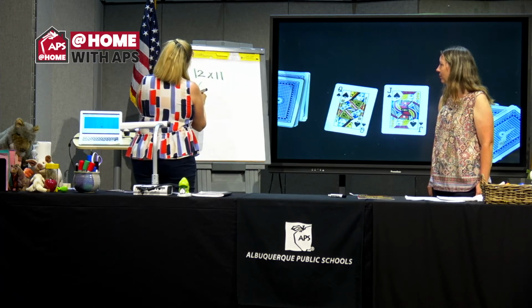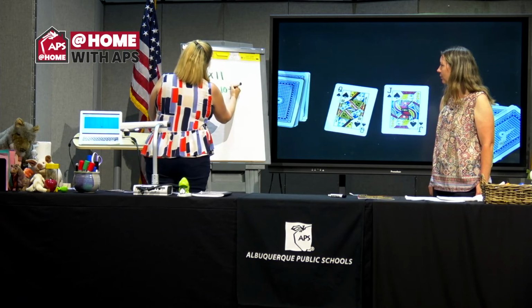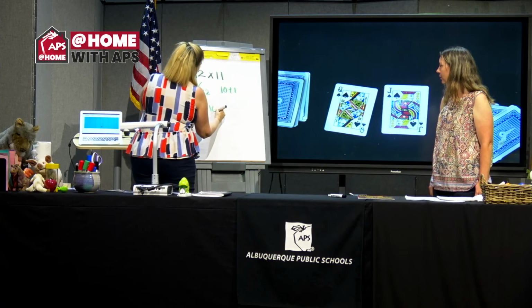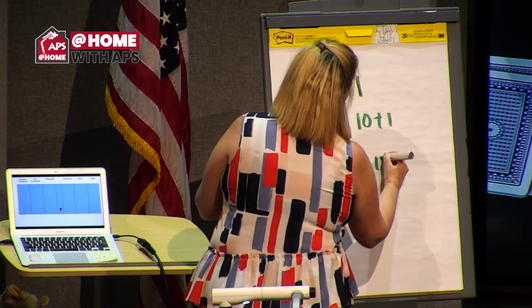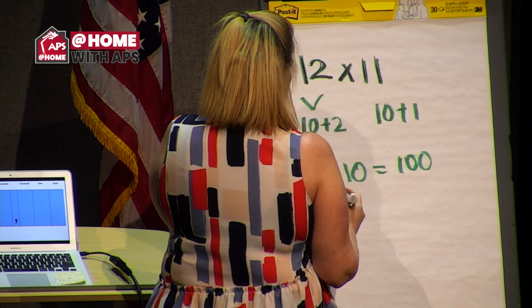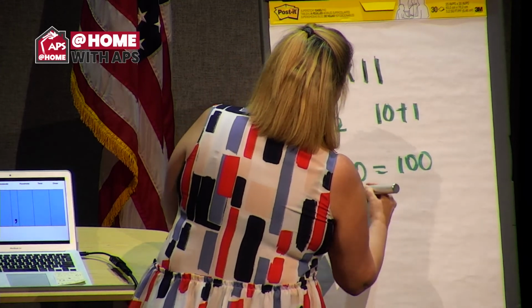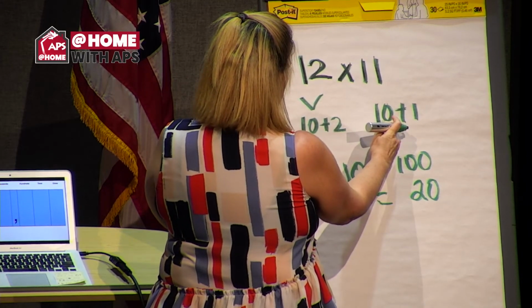Okay. 12 times 11. Remember, we can say this could be a 10 plus a 2, and this could be a 10 plus a 1. So I know I've got to do the 10 times 10. I'm going to think about this as partial products. That's going to be 100. I still have to do that 2 times that other 10, right? That's 20. Okay, I'm done with that first part of the 10.